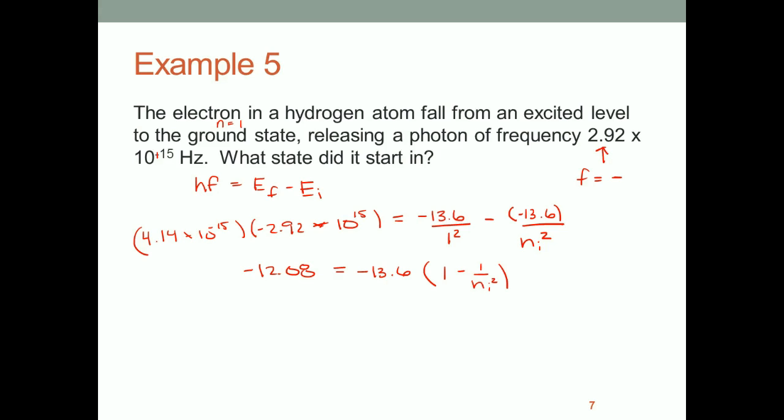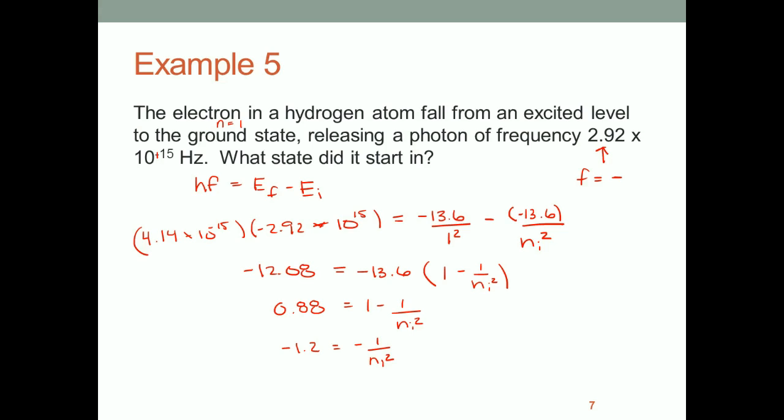So now I can divide both sides by negative 13.6, and that results in 0.88 equals 1 minus 1 over n initial squared. I now need to subtract 1 from both sides, which gives me negative 0.12 equals negative 1 over n initial squared.